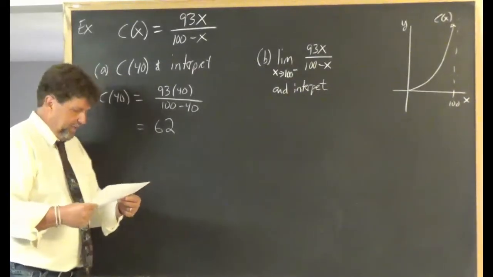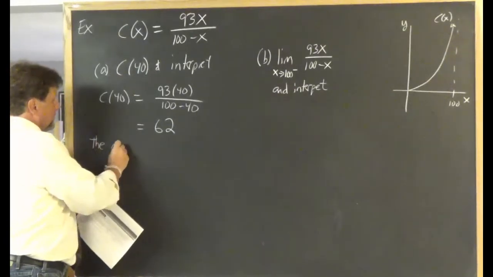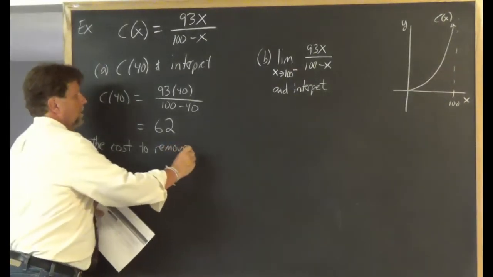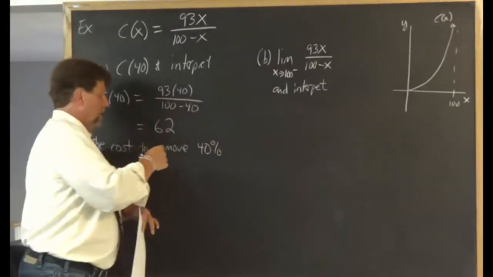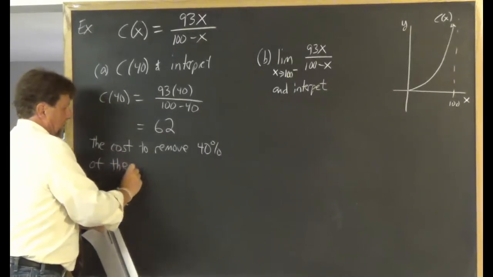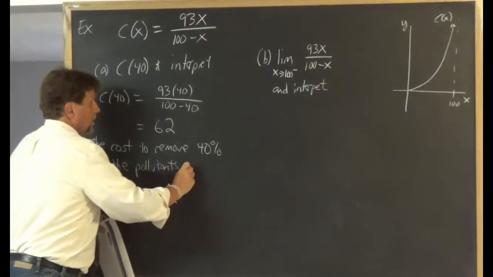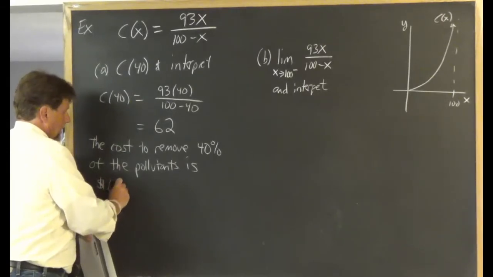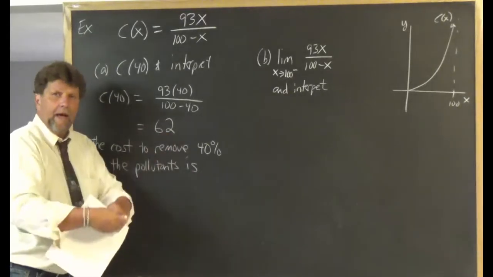So what does this mean? Well, this means that the cost to remove 40%, that's what the 40 was, the percentage, the cost to remove 40% of the pollutants is 62, and then we were told C of x is in thousands of dollars, so this is $62,000.